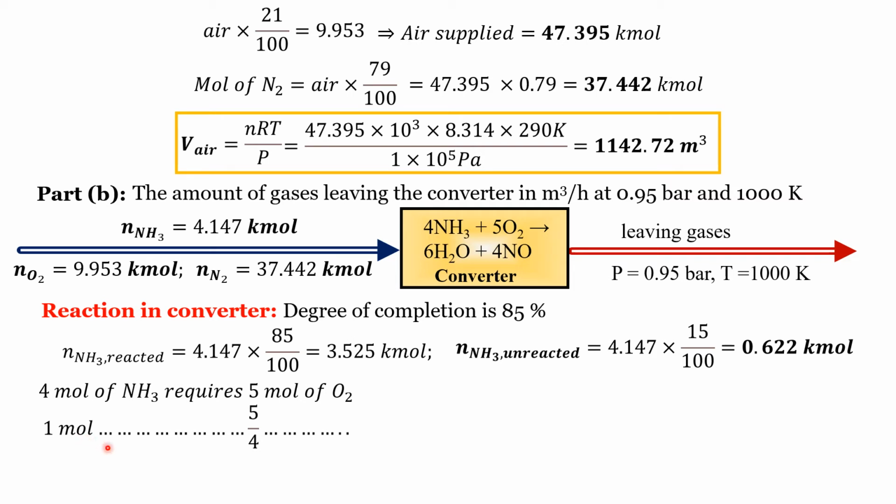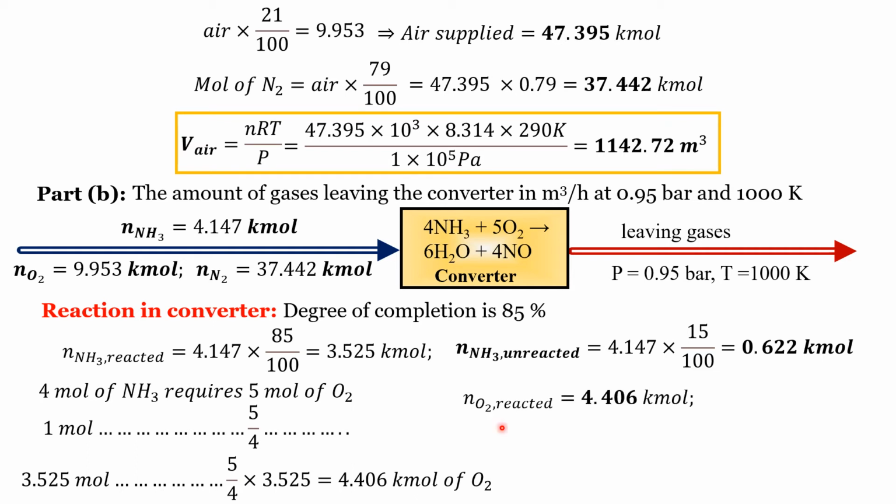So 1 mole of NH3 will require 5 by 4, and 3.525 kilomole of ammonia will require 4.406 kilomole of oxygen, and this is the available amount of oxygen. So this much will get reacted and the remaining amount of O2 will come out as unreacted.